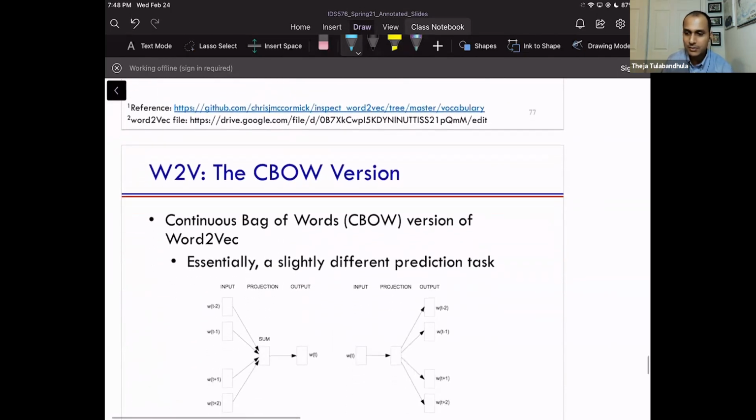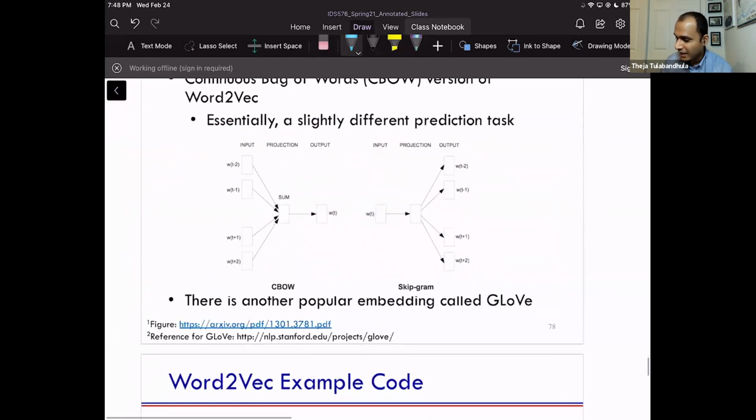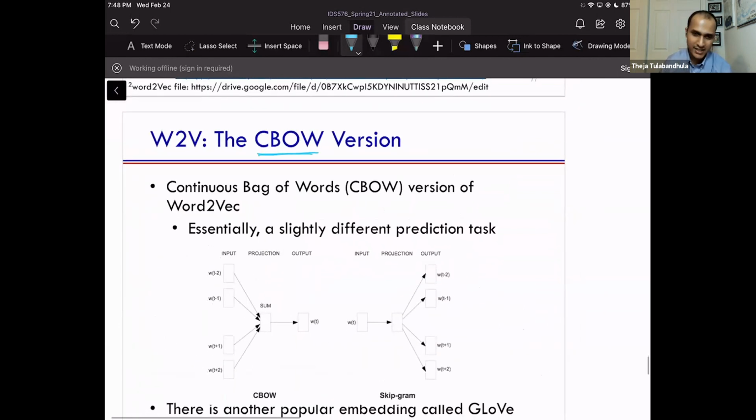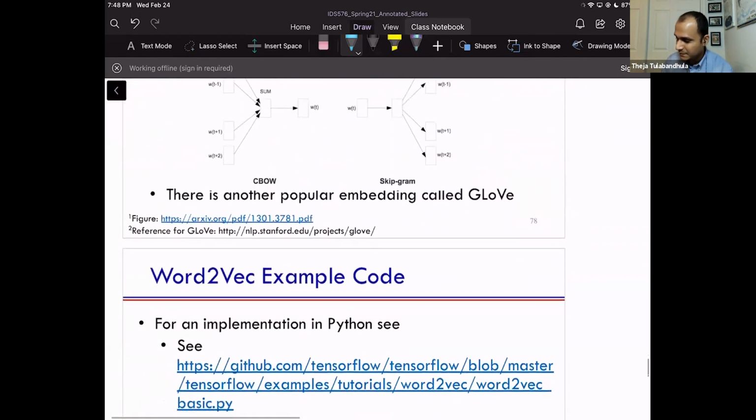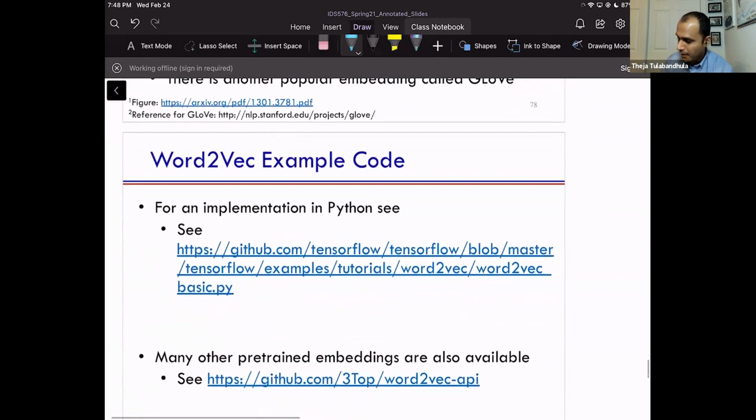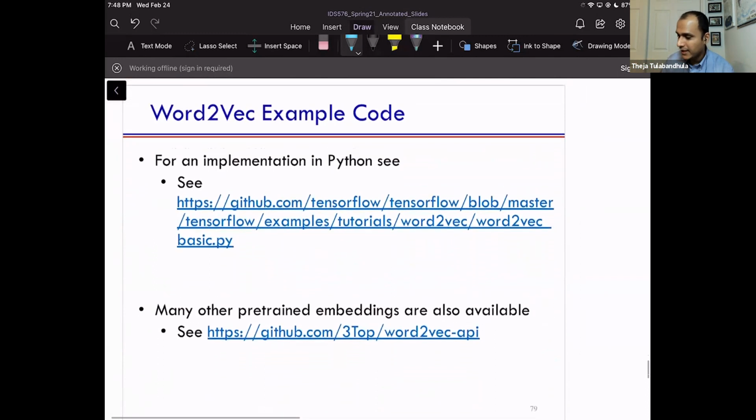Yeah, I think what I'll do is skip this other variation of the classification task. Once we understand one variation, it's good enough. The second variation is a twist on the same type of idea, so we'll skip that. Yeah, and we have already seen an example code.